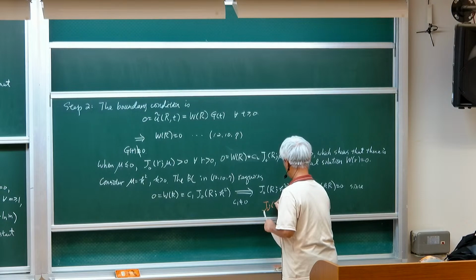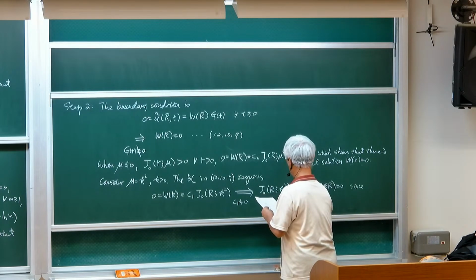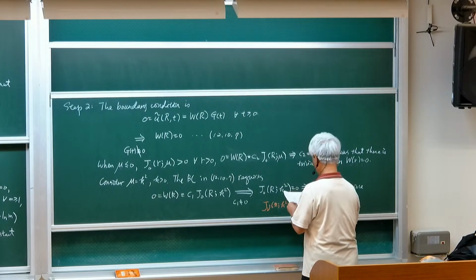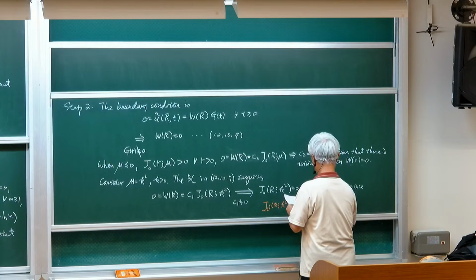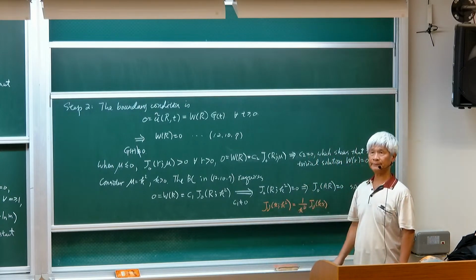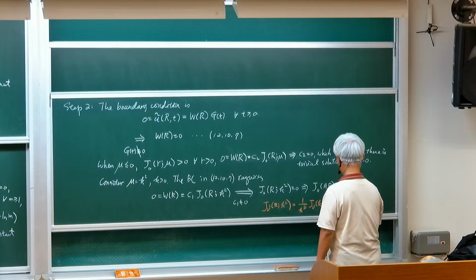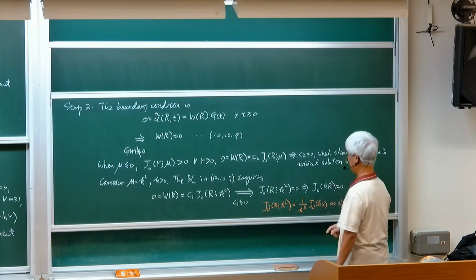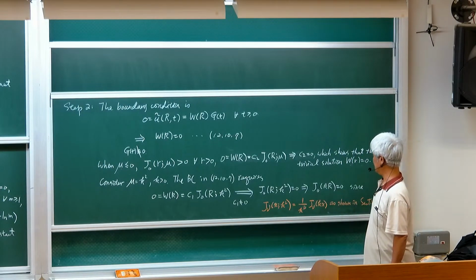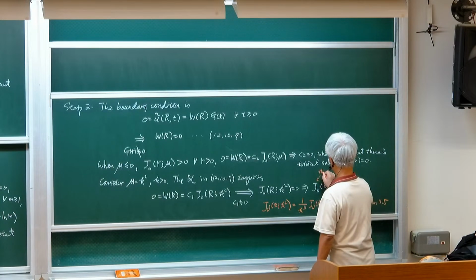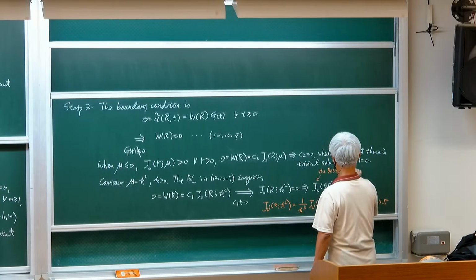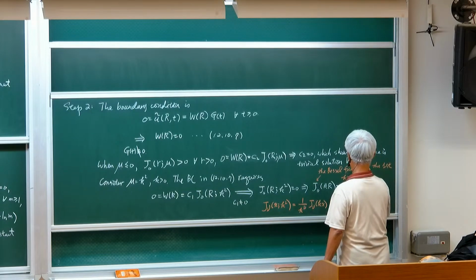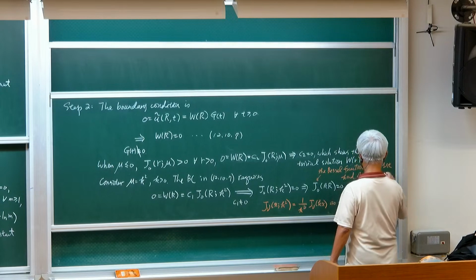Okay, but this implies that J0(kR) equals 0, since we know that we have the identity that J_mu(x, k squared) is equal to 1 over k to the mu times J_mu(kx). We have this identity, as shown in section 11.5, and we know this is the Bessel function of the first kind of order mu equal to 0.